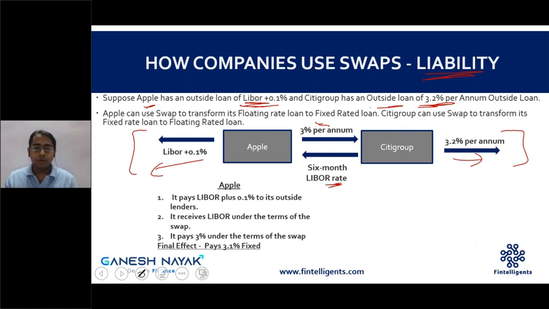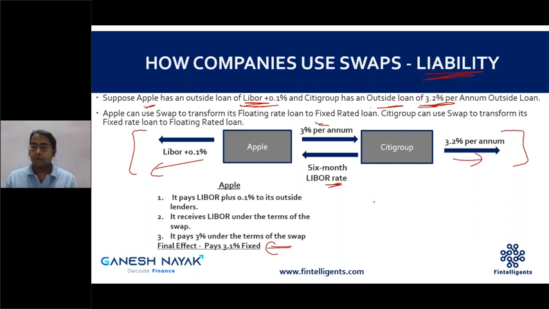Okay, now what is the benefit of the swap now? Initially, Apple was paying floating rate. As it gets into a swap, it has converted that floating rate into a fixed rate payment of 3.1%. Okay, now let us look at Citigroup and see how it is impacting Citigroup.